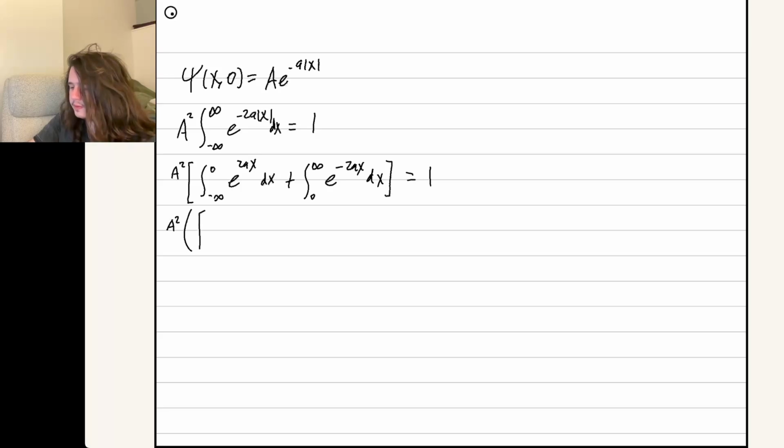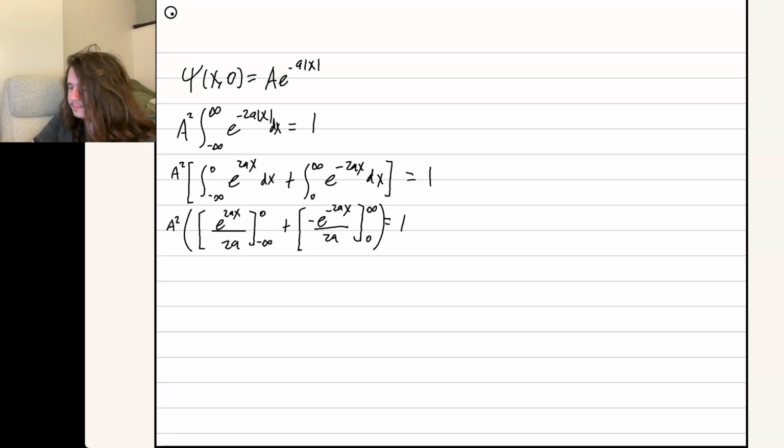So these integrals are not too terribly hard, because this is just going to be e to the 2ax over 2a from minus infinity to 0, and then this guy is going to be minus e to the minus 2ax over 2a from infinity to 0.